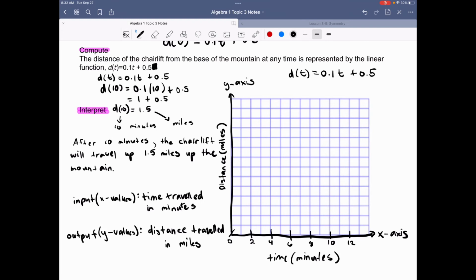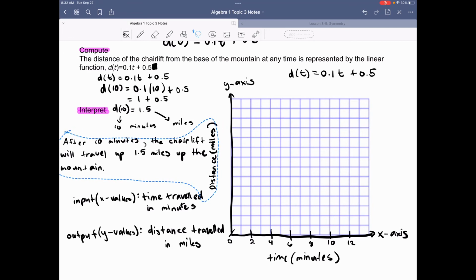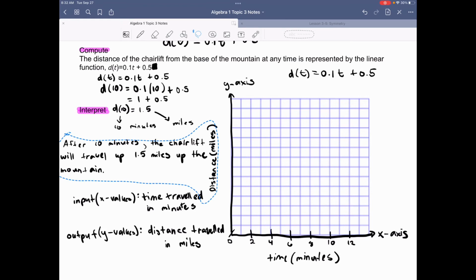Now as for the y-axis, since we have 1.5 miles, we will need to work with decimals. So we can leave here, or skip a line again, and work with twos in decimals.